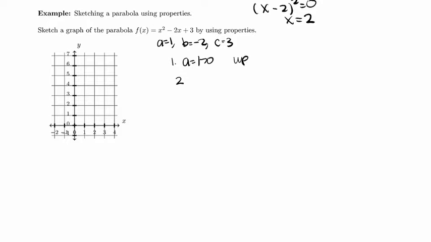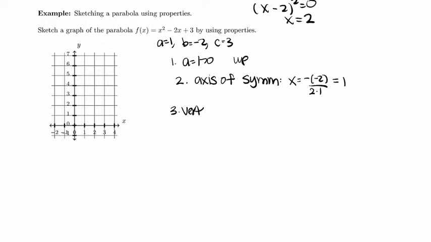2, axis of symmetry. Remember, that's the x-coordinate of the vertex, which is going to be x equals -b over 2a, which is going to be 1.